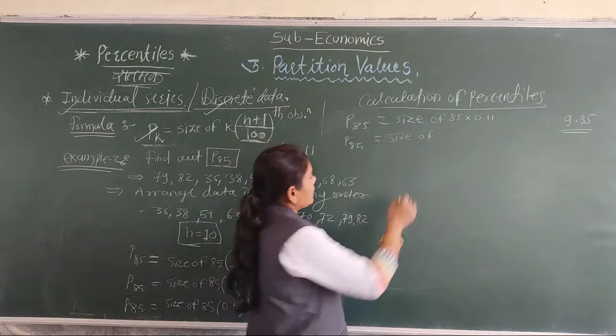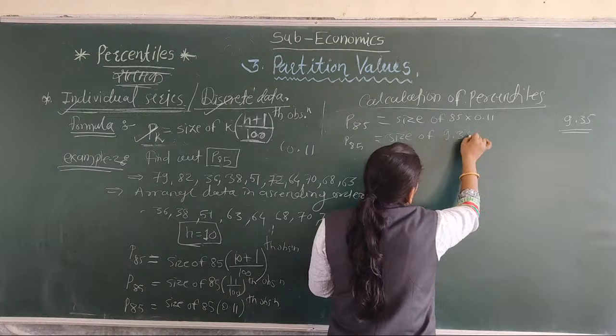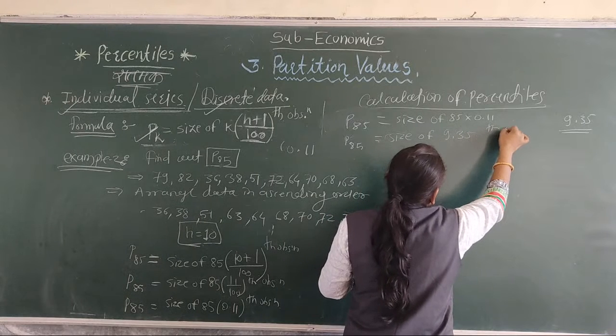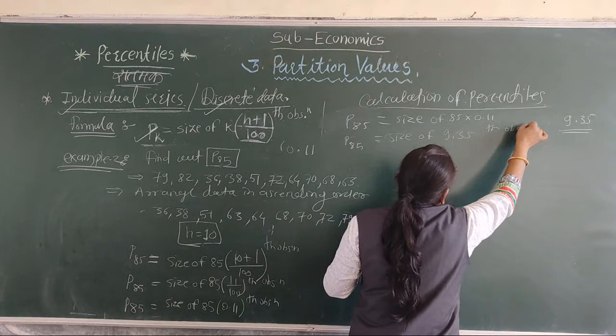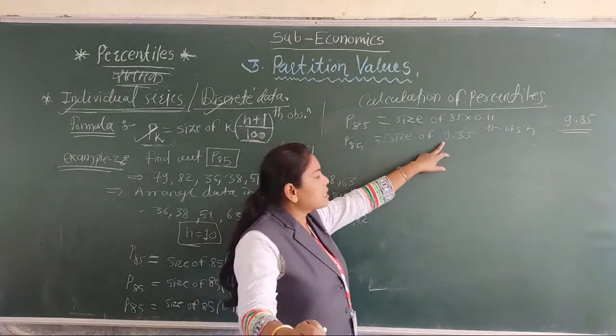And so that here size of 9.35th observation. Okay. This is the fraction number.